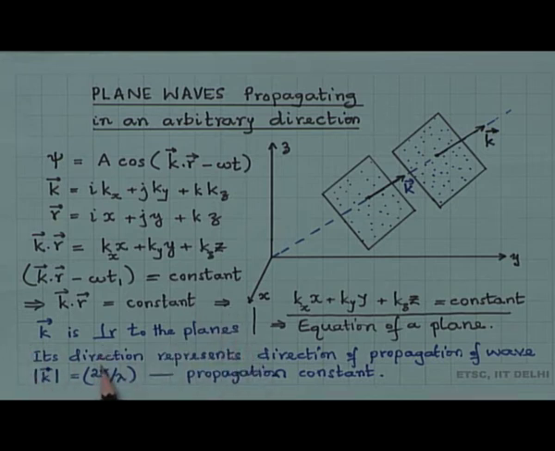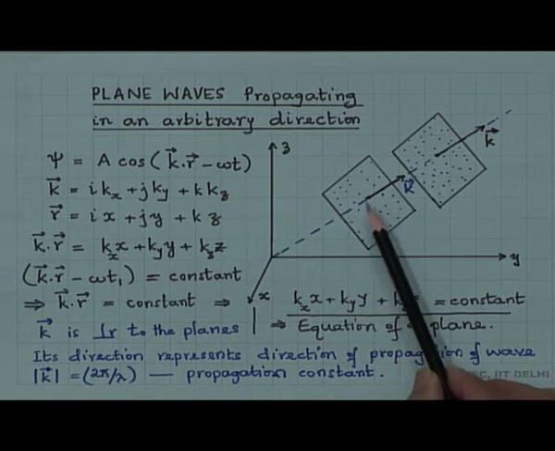Its direction represents the direction of propagation of the wave, and the magnitude of this k vector is what we have discussed earlier as 2 pi by lambda, the propagation constant.